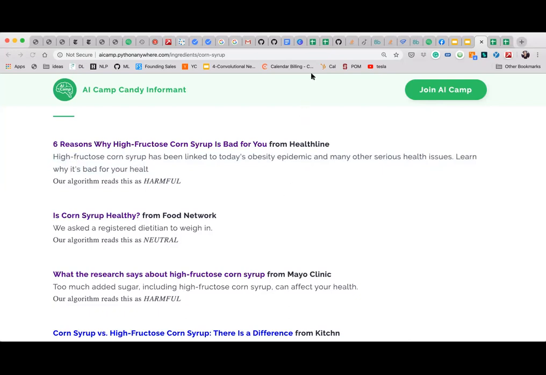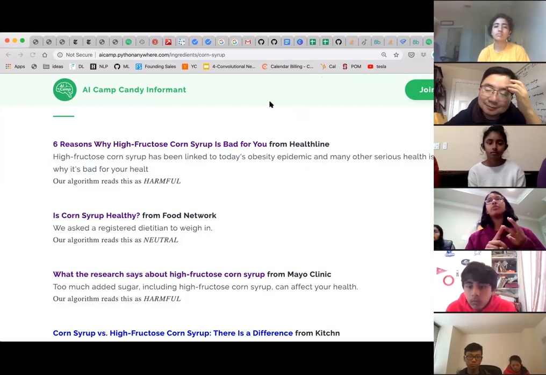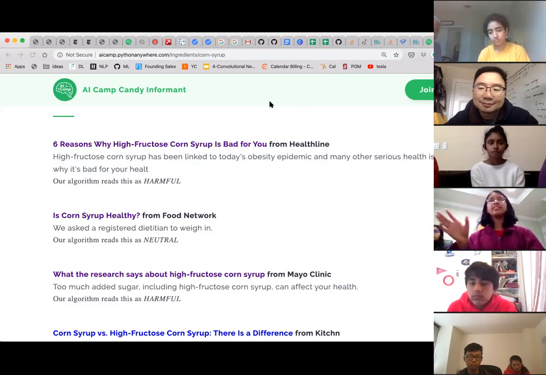What our model would do is return the most probable label, whether it be harmful, neutral, beneficial, or irrelevant, based on the words that it detected.